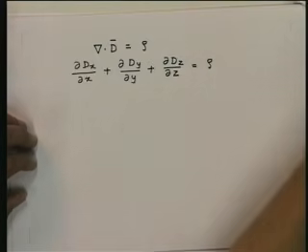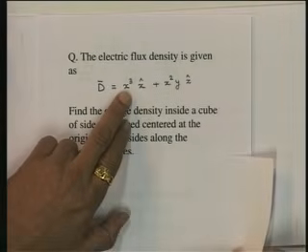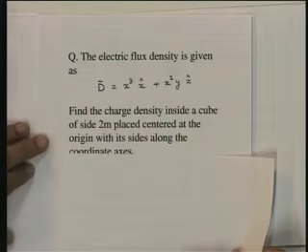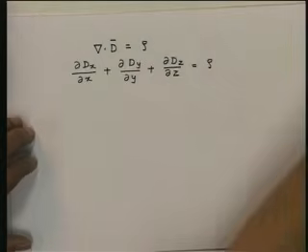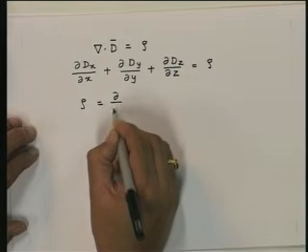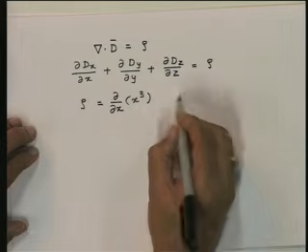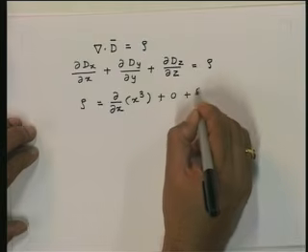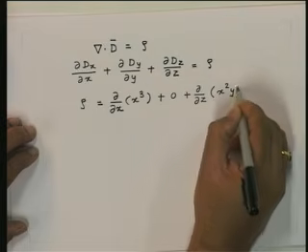Substituting now for the D which is given here, where the x component of D is x cube, y component of D is 0, and z component of D is x square y, we find that rho is equal to d by dx of x cube, the y component is 0, so this quantity is 0, plus d by dz of x square y.